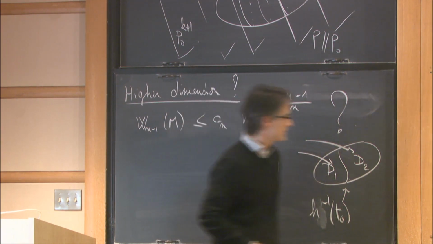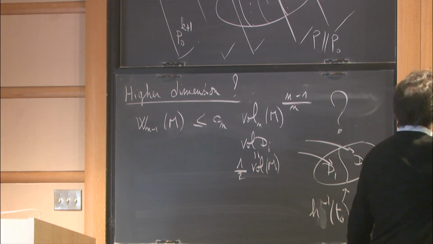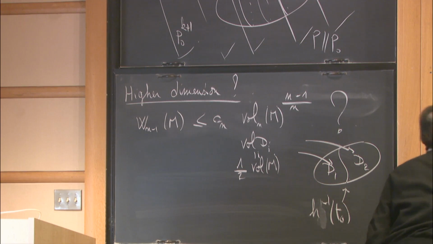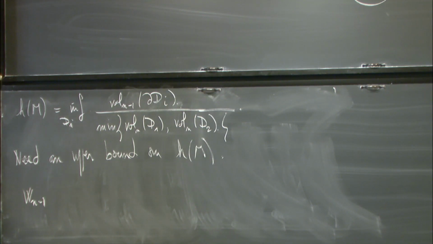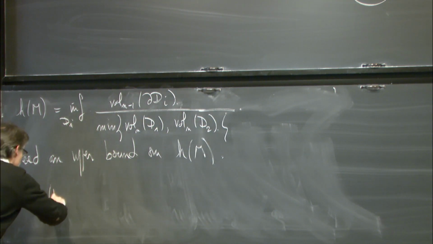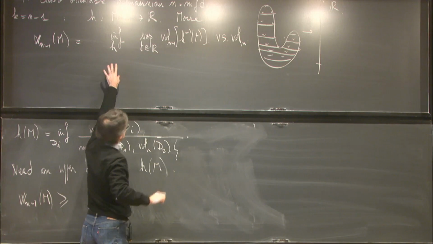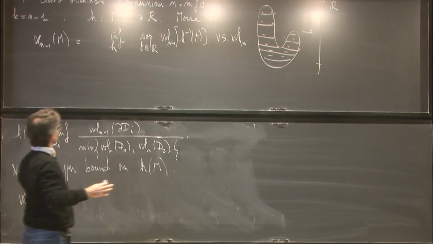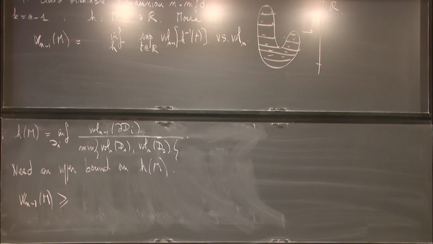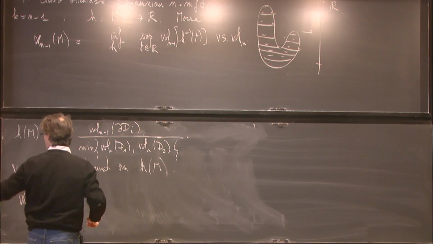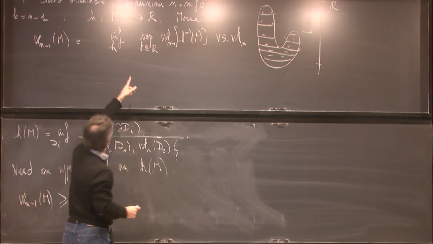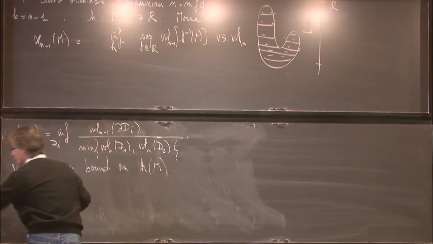So it splits it like that, and of course the width will be greater or equal than the, so you sort of take the h which is close to the infimum, and then you look at the time where it splits the manifold into two parts of equal volume, and at that point the width is greater or equal than the volume of this slice there.